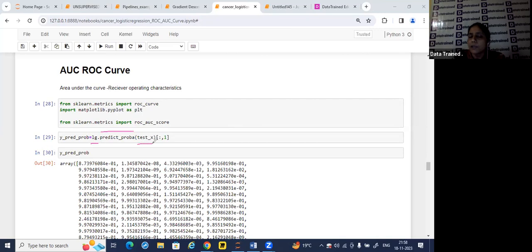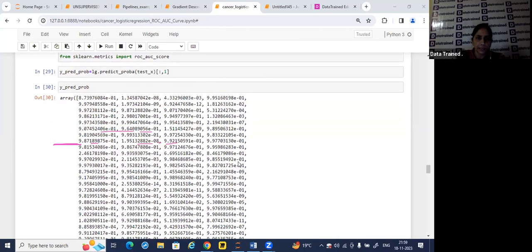Here we are passing the test data, taking all the rows and predicting the probability of the provided test data, whether the patients are suffering from diabetes or not. So here it is giving me some data. These are the probabilities only.